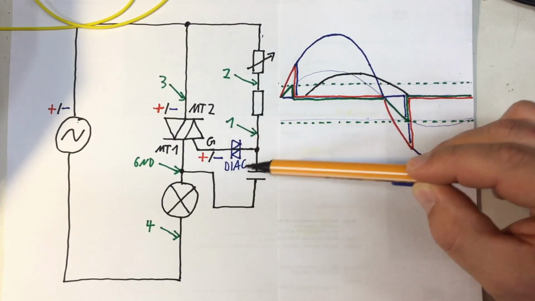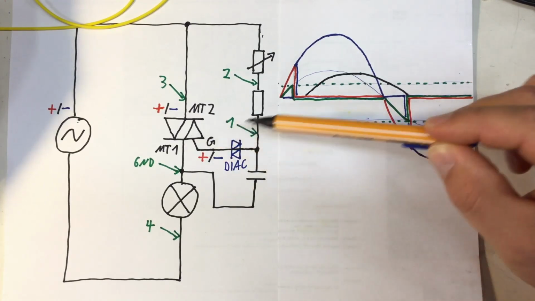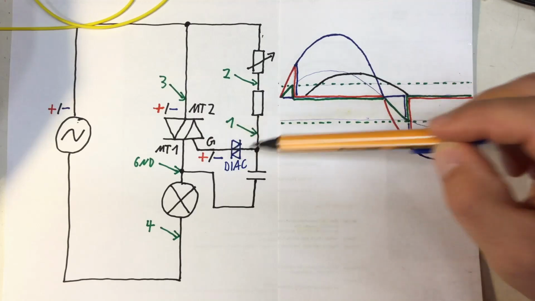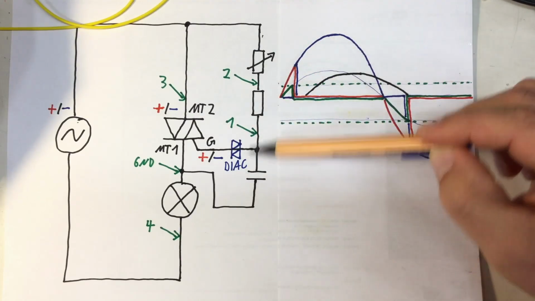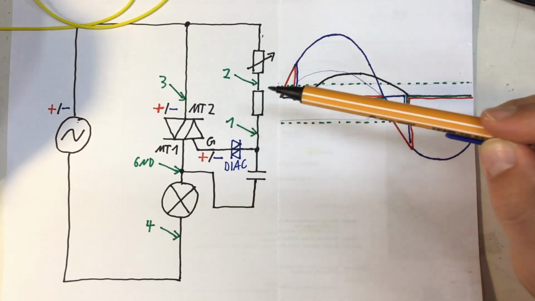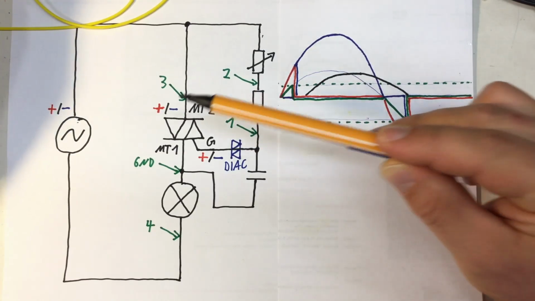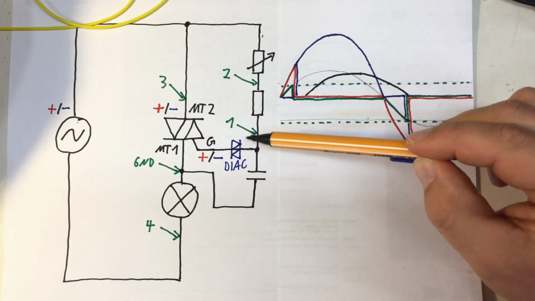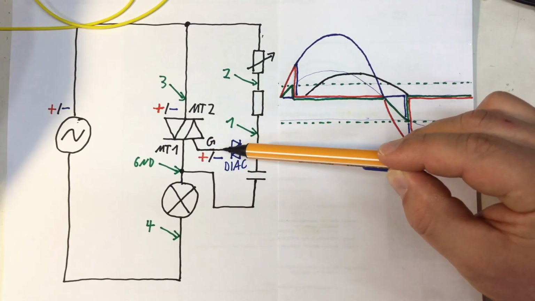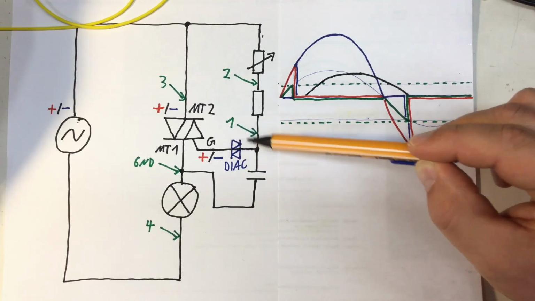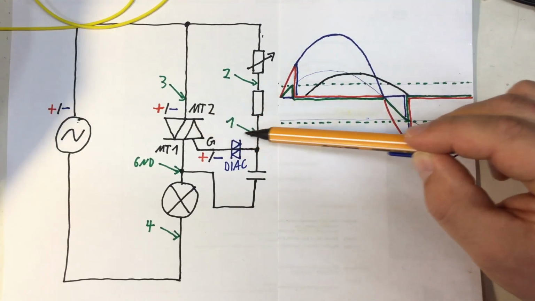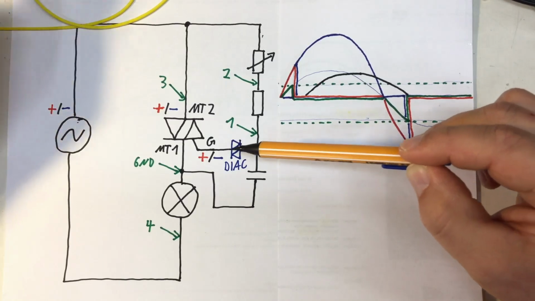and that would be a DIAC, which we had to put in between our gate and our RC network. A DIAC behaves much like a TRIAC, but it's triggered by the voltage difference between its terminals. And like for a TRIAC, polarity doesn't matter.